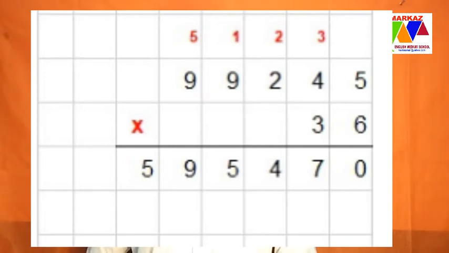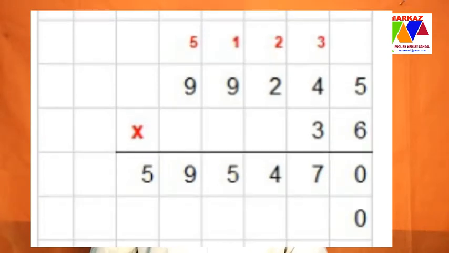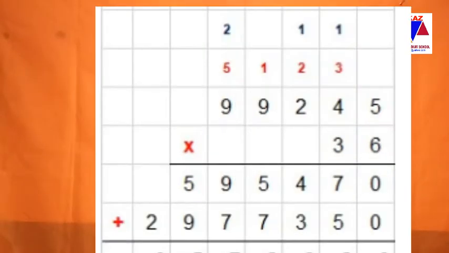Then the tens place. Before the tens place, put 0 in the ones place. Then multiply with the tens place. 3 into 5 is equal to 15. Then 3 into 4 is equal to 12 plus 1, 13. Again 3 into 2, 6, plus 1, 7. Again 3 into 9, 27.